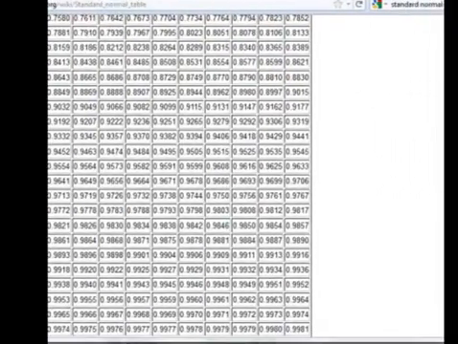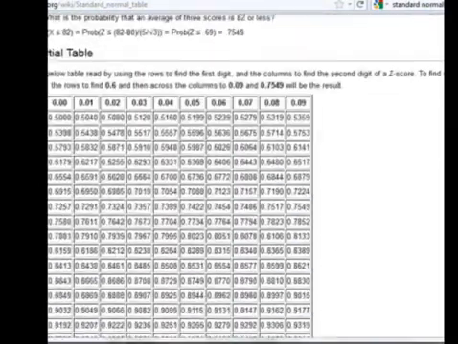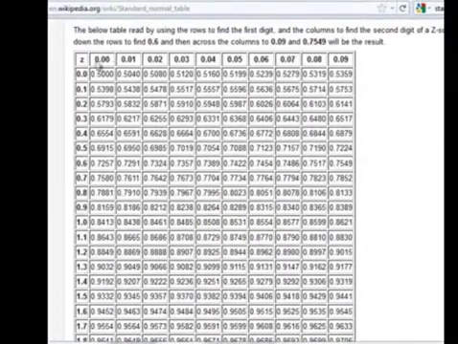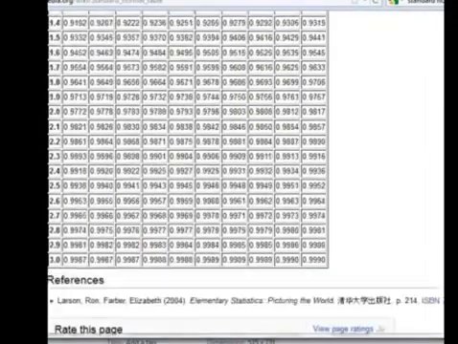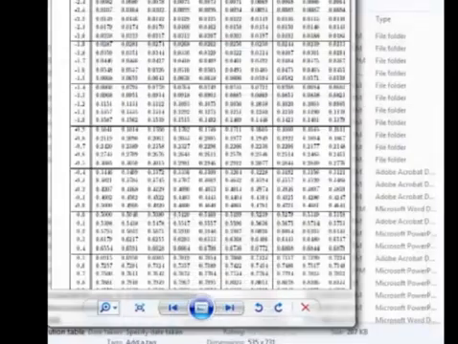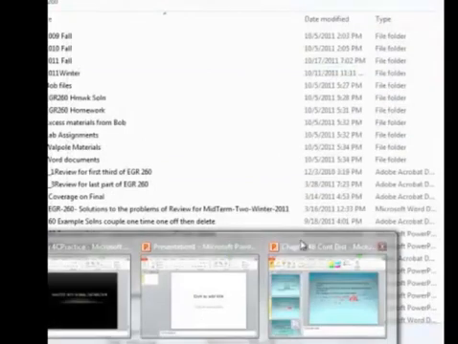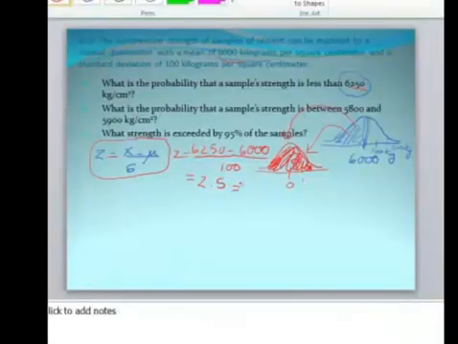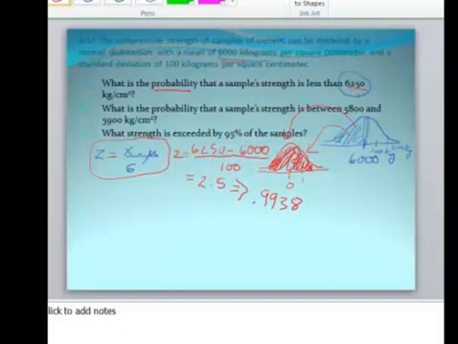If you look at the very top of it, the very first column is 2.50, because this column gives the 100th place. So we got that, and 2.5 is 0.9938. So going back, we can find this is going to be an area of 0.9938, and that's the probability that a sample strength is less than this value.